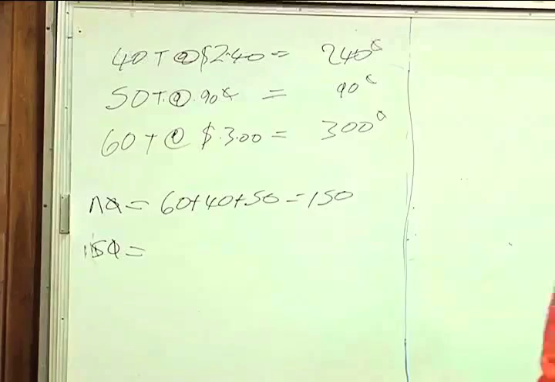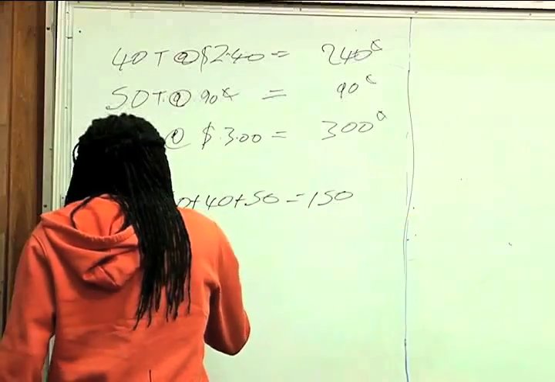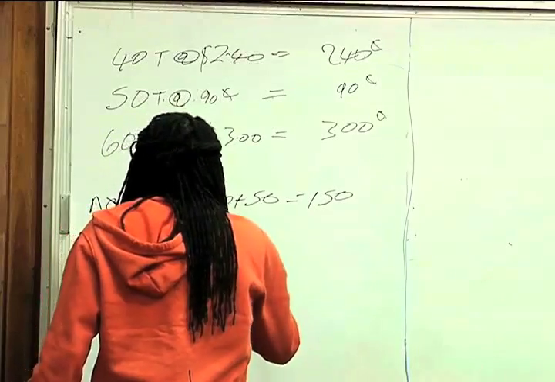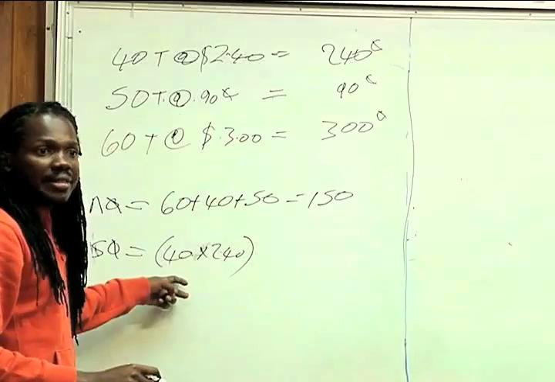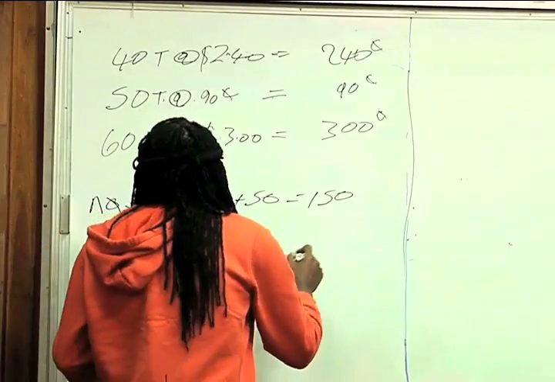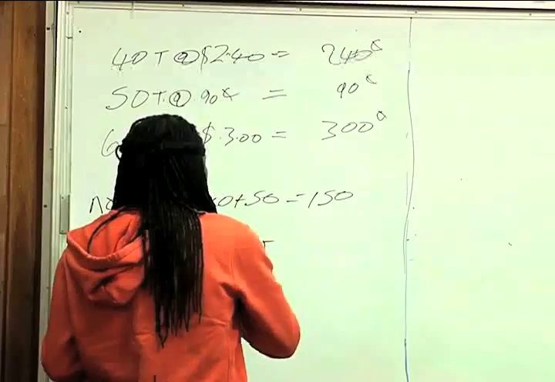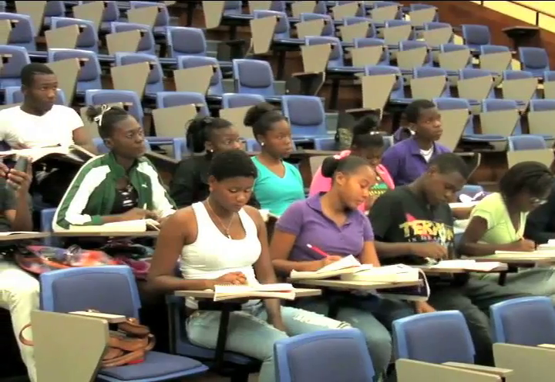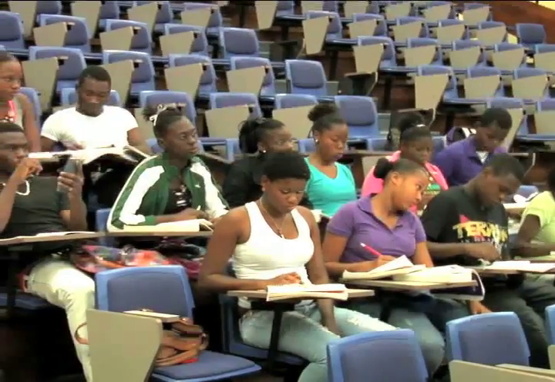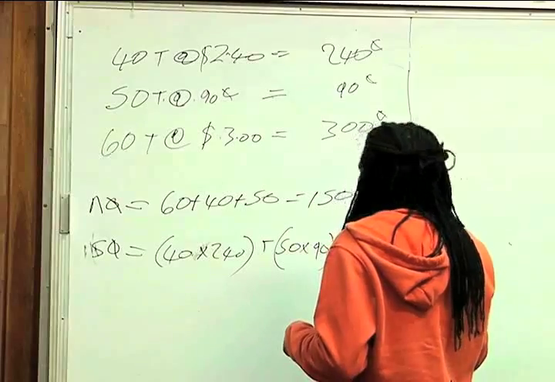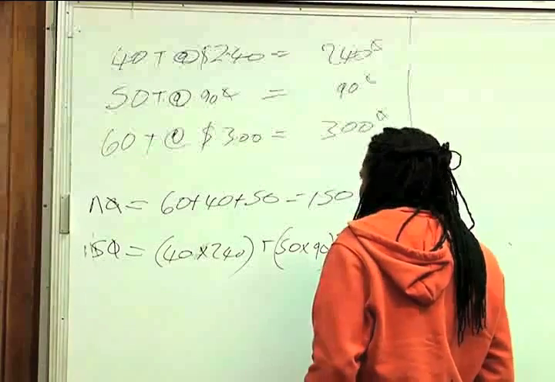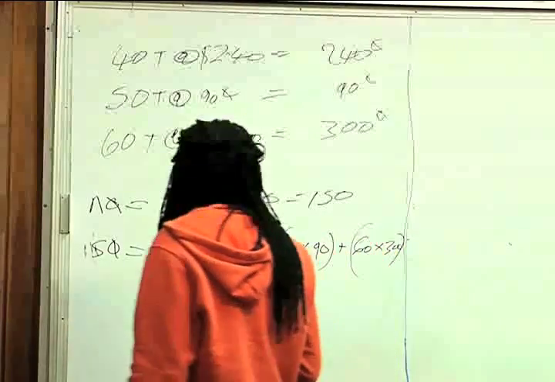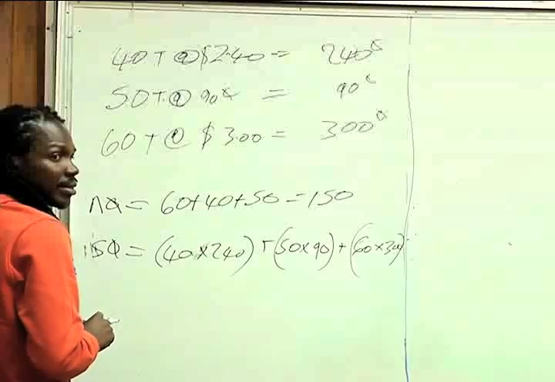So therefore, SQ is going to be equal to 40 times 240. You see that? Plus 50 times 90, plus 60 times 300.